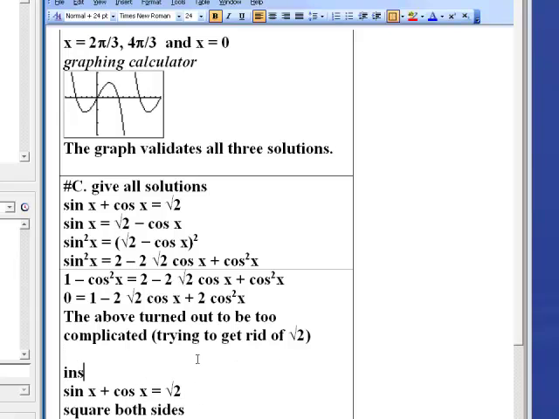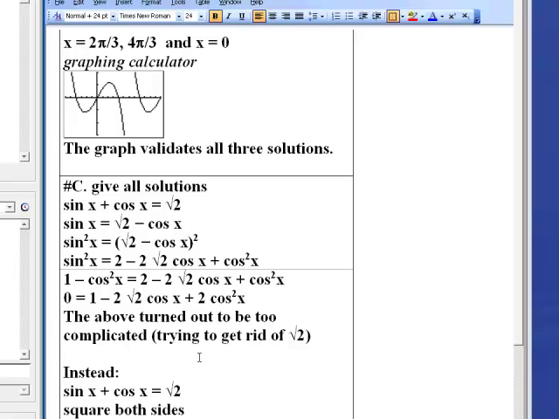So I FOIL here, so I'm going to have sine squared plus 2 sine cosine plus cosine squared equals 1.